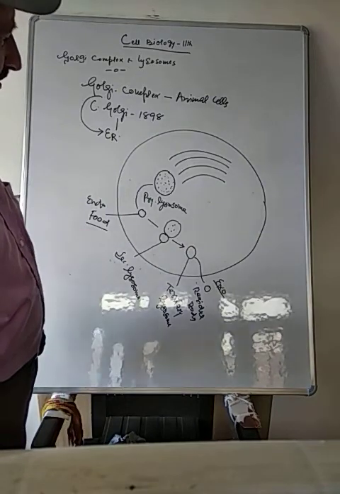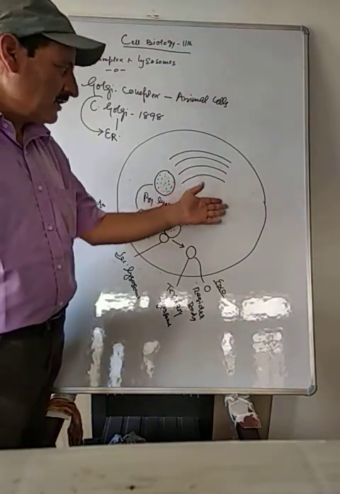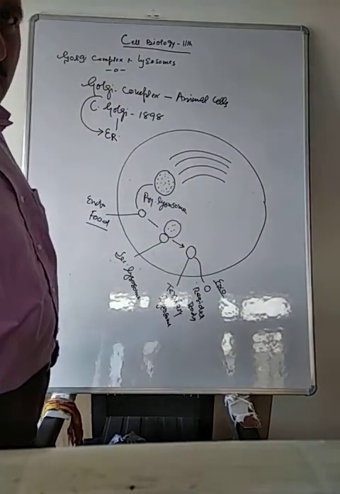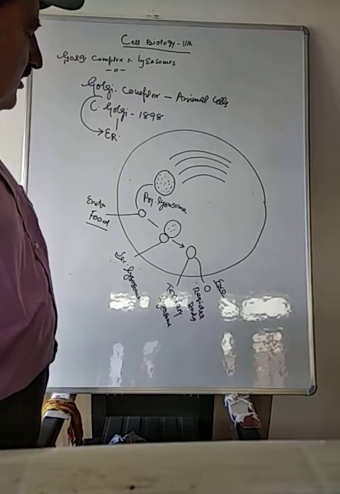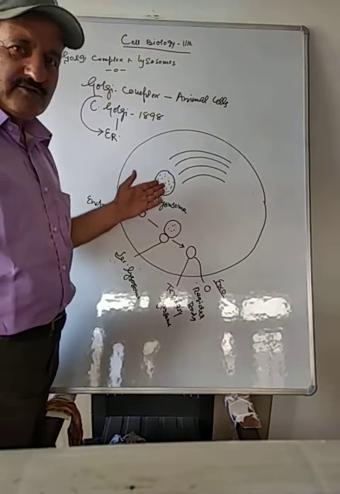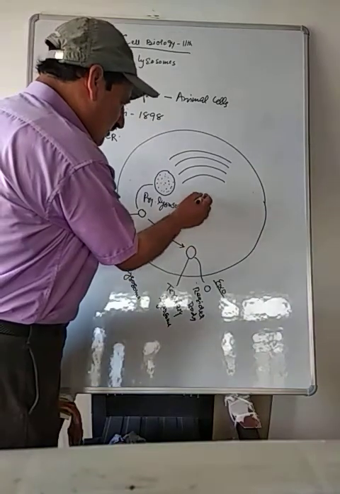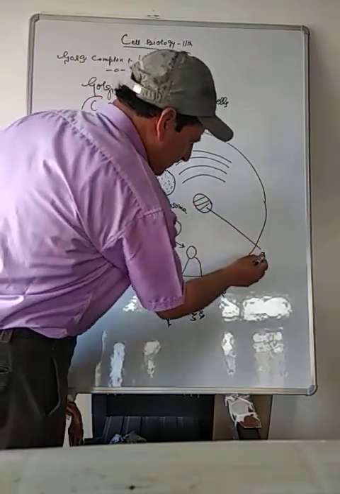But sometimes, for example, we will later see that the cell contains mitochondria and other cell organelles. When they become aged, they become worn out, they are also digested by the lysosome itself. Let this be aged mitochondria.